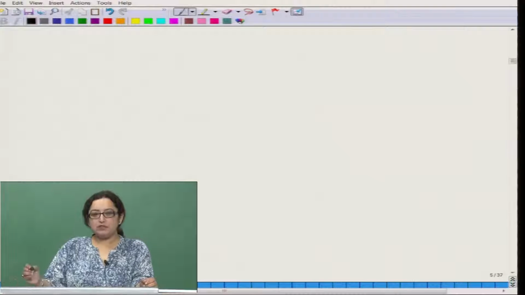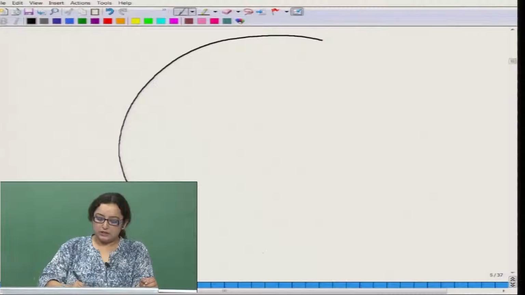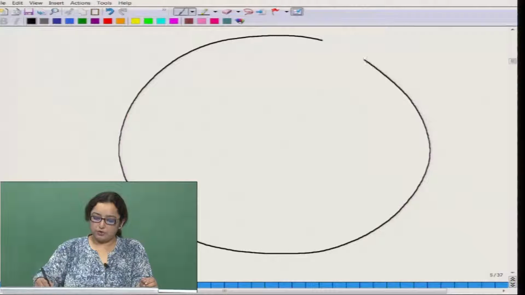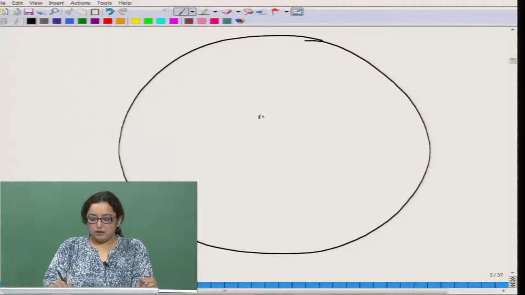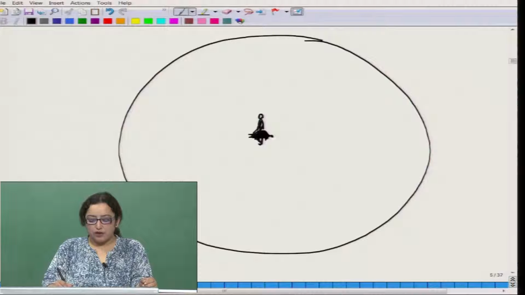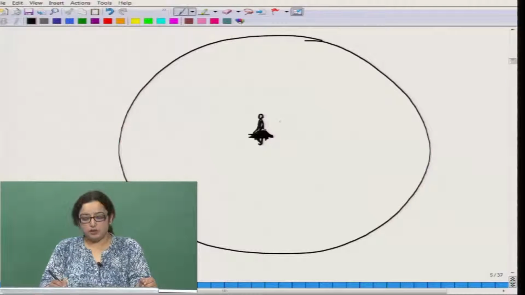So, the composition has a round movement in it, which is round and frontal, and we see Krishna placed at the center, and this Krishna image is the idol that we see in the Srinathji temple of Nathadwara.